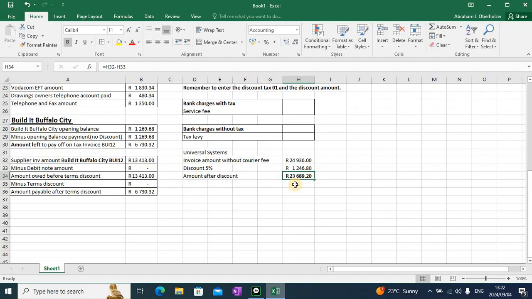Plus I must pay the courier fee, because we don't get discount on courier fee.